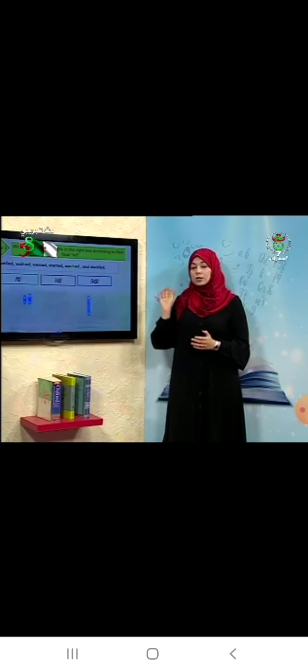Another activity, write the following words in the right box according to the final ed. We have a list of words ending with the ed marker, and we are going to classify them according to the pronunciation of the final ed. Good. Here, as you can see, the preceding letters are colored.